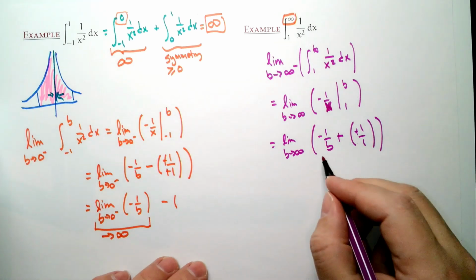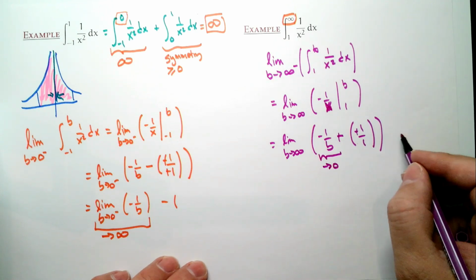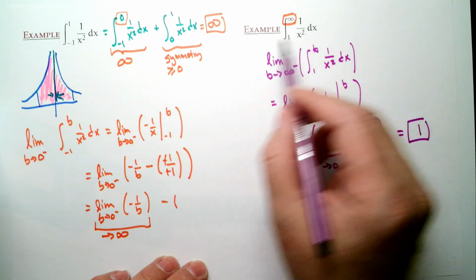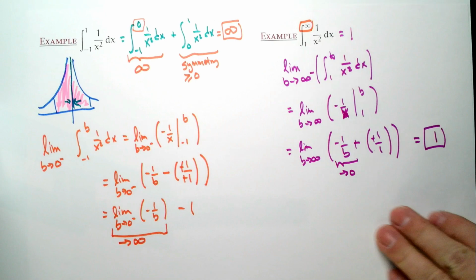So this part is disappearing. And therefore, in the limit, we get 1. So this integral is 1. So it shows you that, yes, you can have integrals which involve infinity and get out a number. And that number has a meaning. It's a reasonable number. All right.